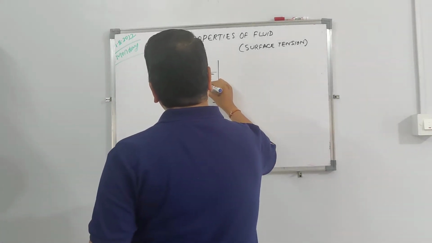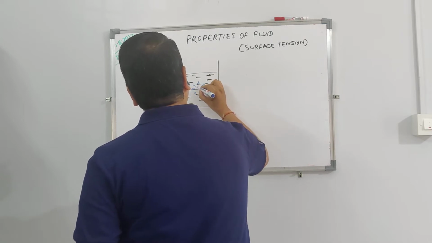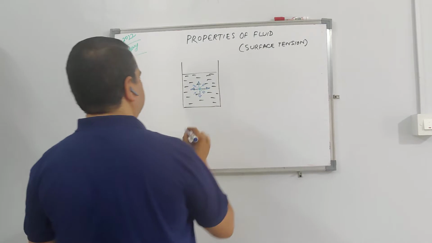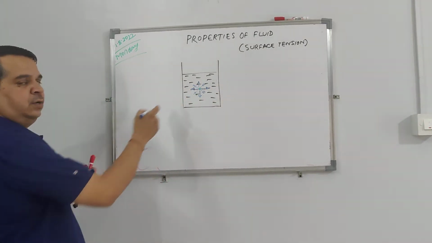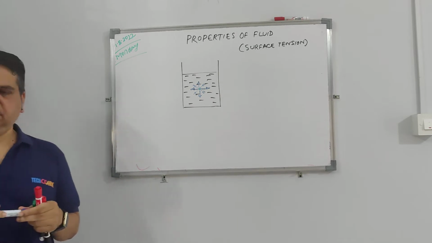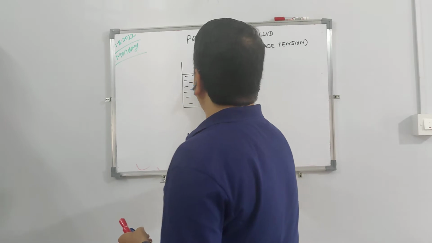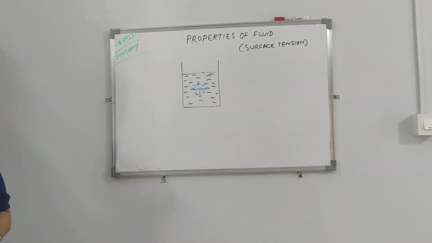So there can be molecules like this, with forces like this, and some forces like this. In this kind of situation, this particular molecule is completely balanced. But imagine a molecule at the surface.